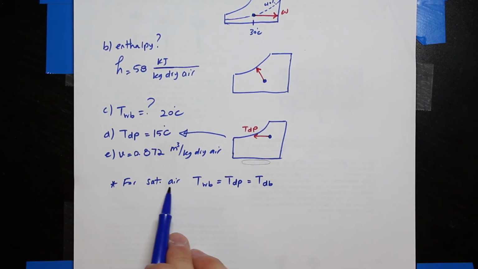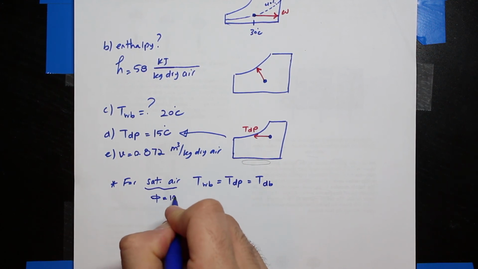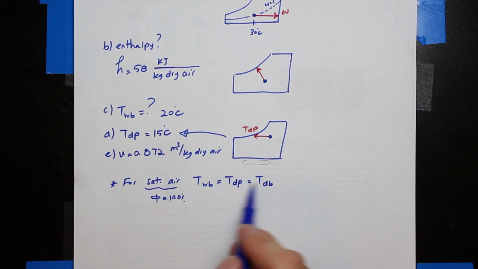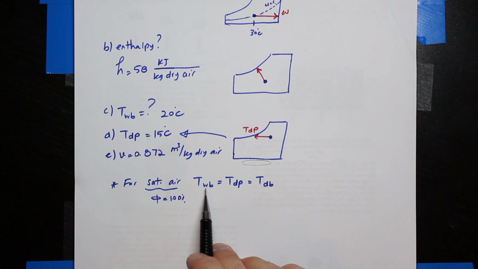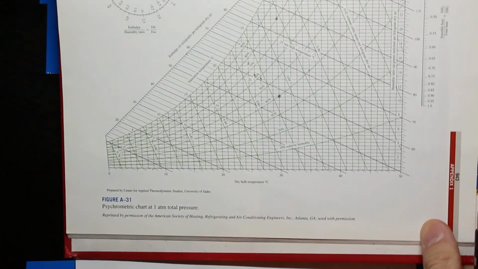So whenever the air is saturated, meaning that whenever the relative humidity is 100%, these three temperatures are the same. Let me show you on the chart. Once again, this is the wet bulb temperature, this is the dew point temperature, and this is the dry bulb temperature. Let's see why that happens.